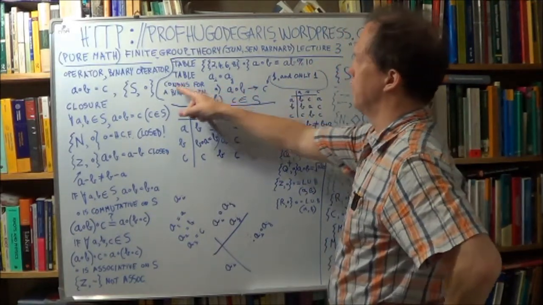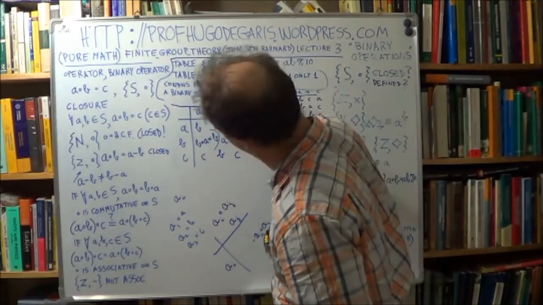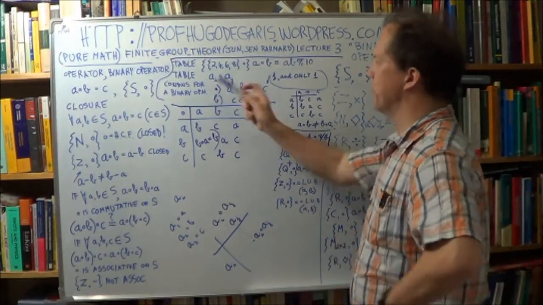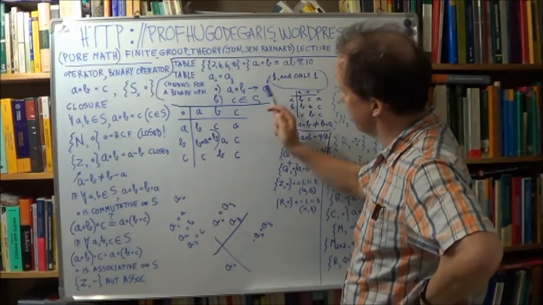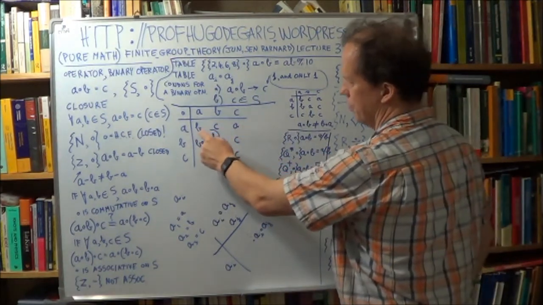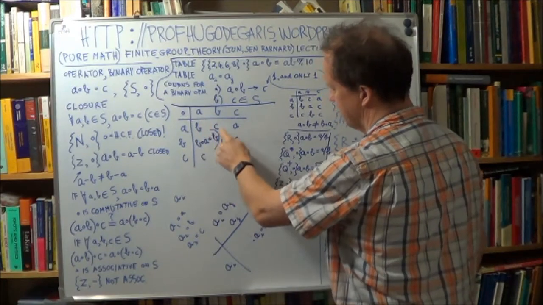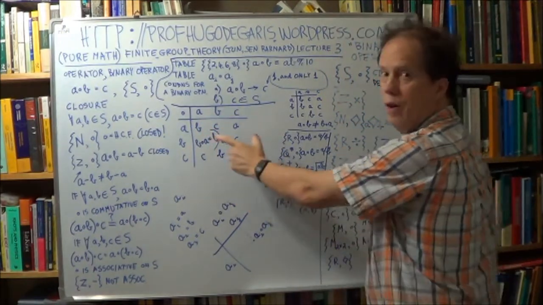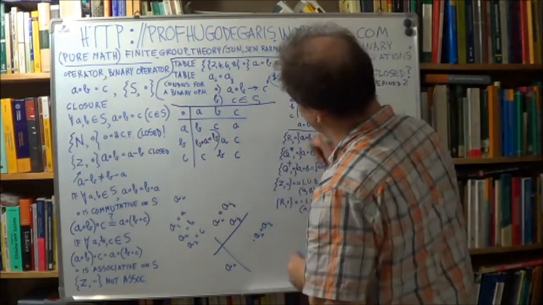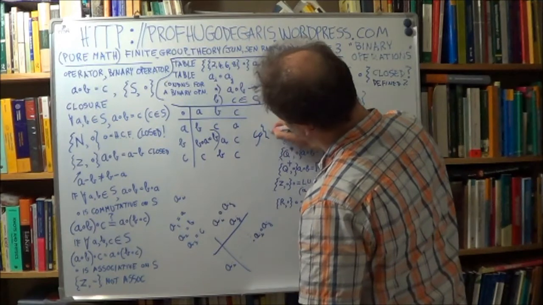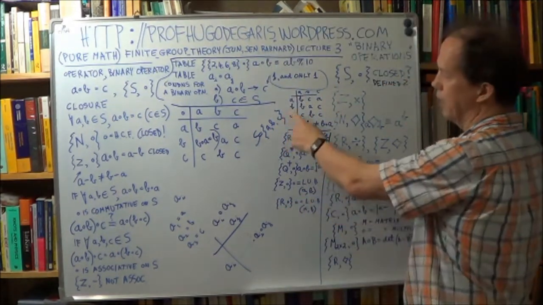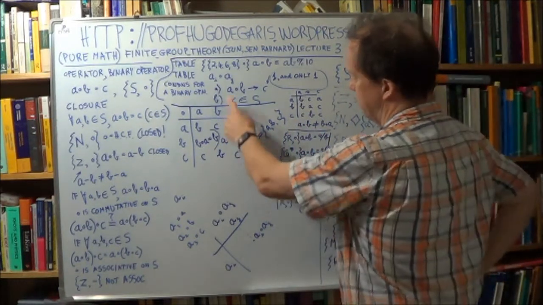The second condition for a binary operation is that the result has to belong to the set. Well, these are all the results: AA gives you B, AB gives you C, AC gives you A, and so on. All of these belong to the set. Remember, the set is A, B, C. So both are met.